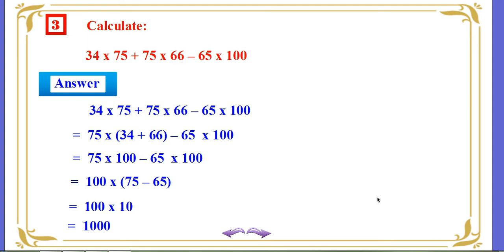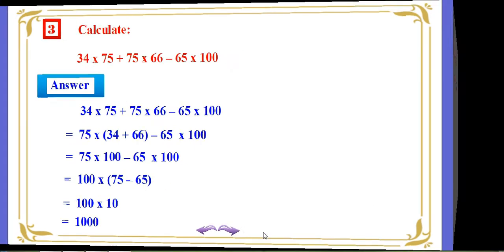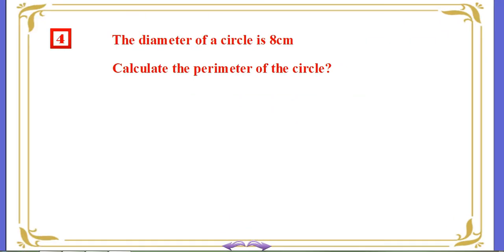Now we move on to exercise 4. The diameter of a circle is 8 cm. Calculate the perimeter of the circle. Now look at the following circle. This is the diameter and this is the radius. Note that the diameter is twice the radius.